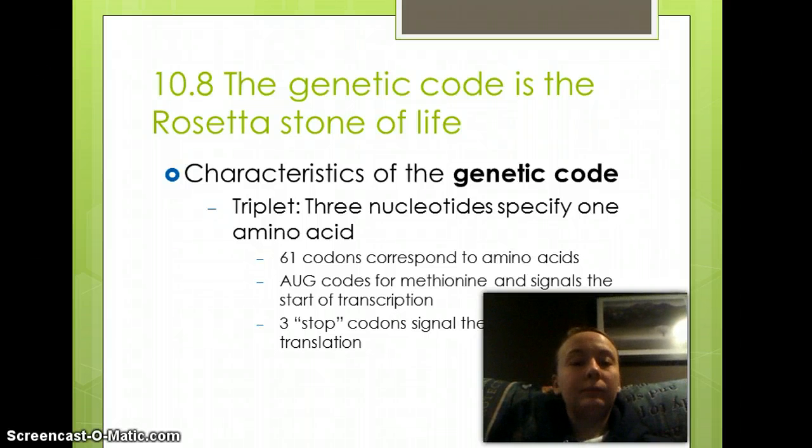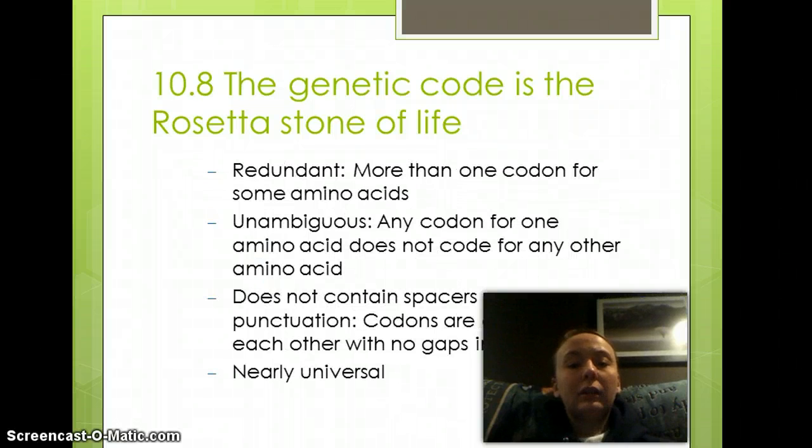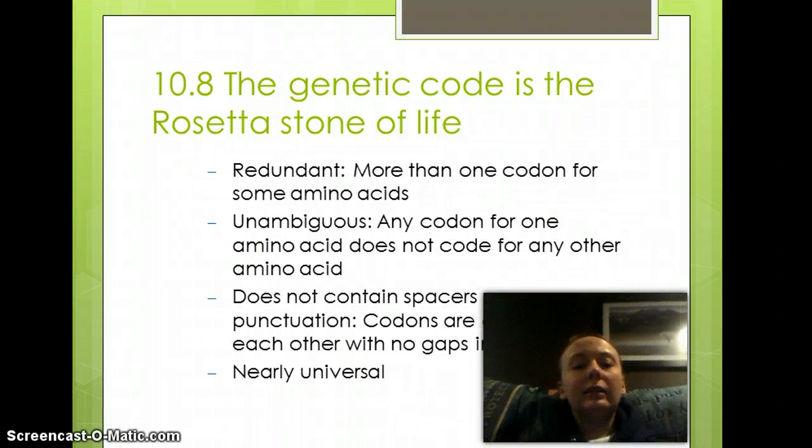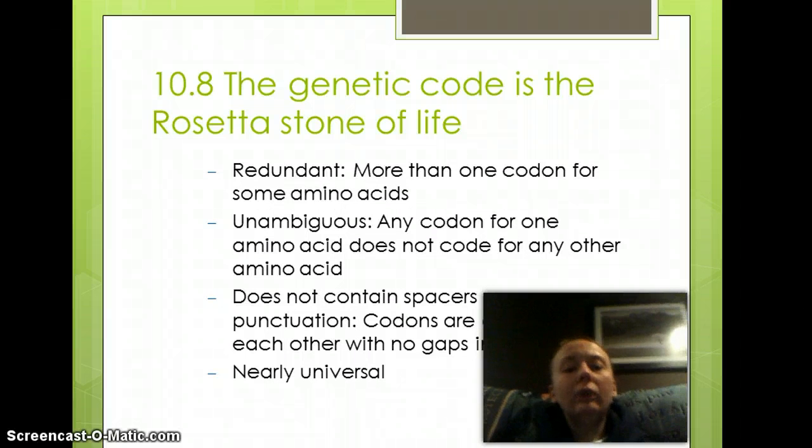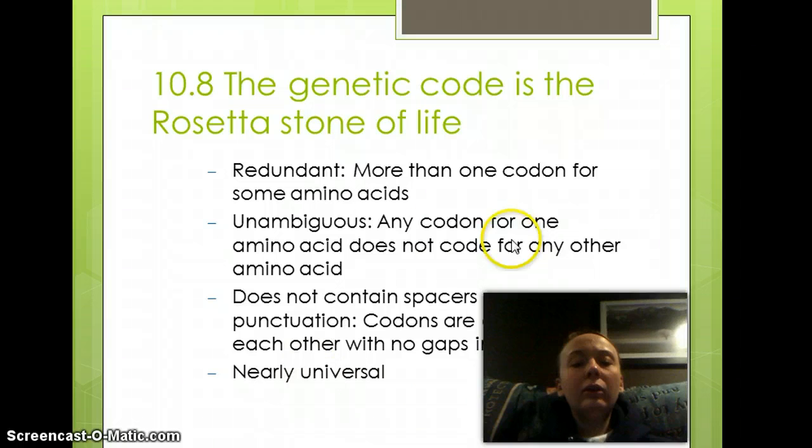So that's really important. It's kind of redundant in the sense that more than one codon will code for an amino acid. So maybe AUU and GAU are both going to code for a specific amino acid. However, each codon for one amino acid does not code for any other.